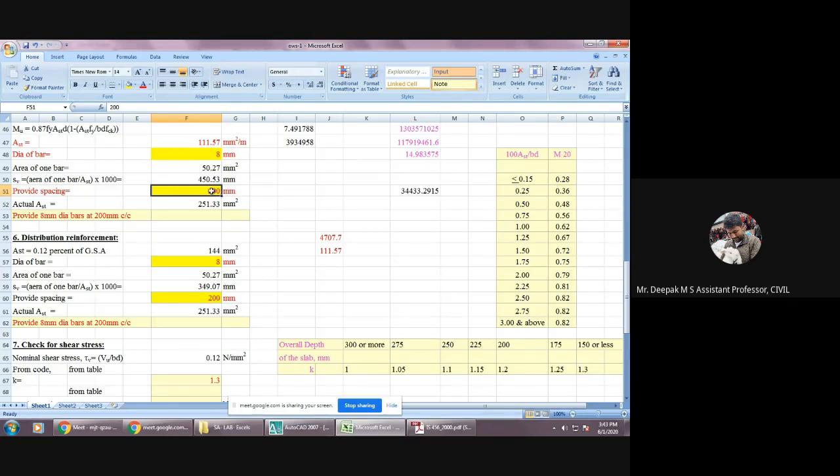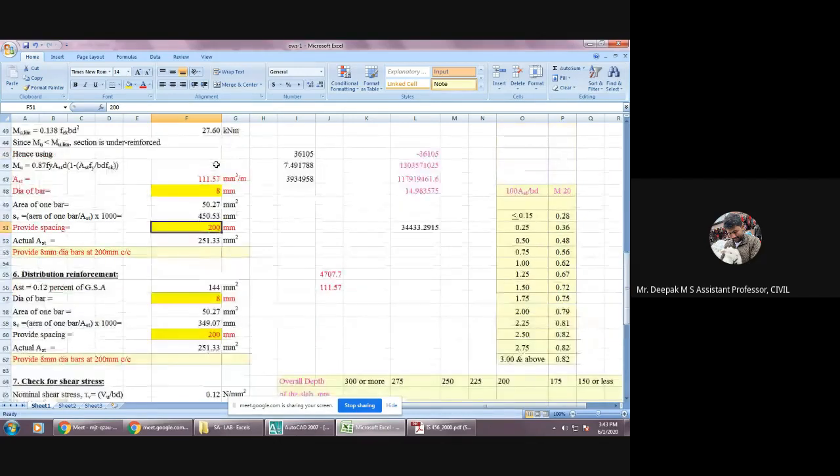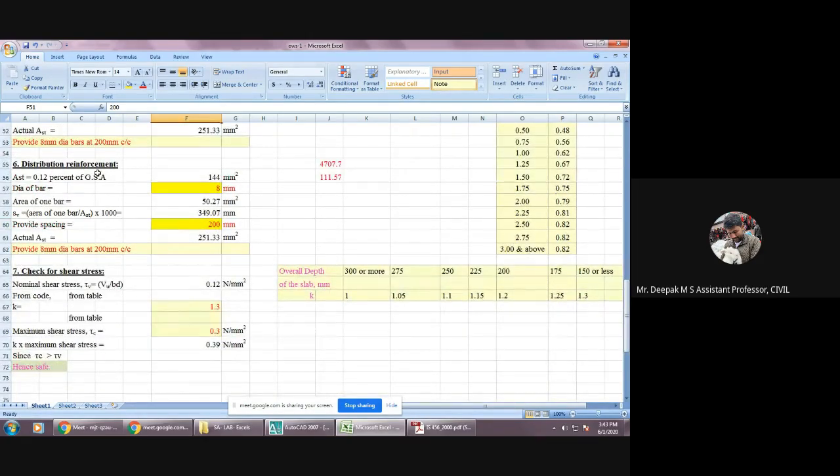So I am limiting it to 200, to a maximum of 220. Imagine a person is standing on a single foot and carrying some load. So based on that calculation, that practical aspect, I am providing 200.